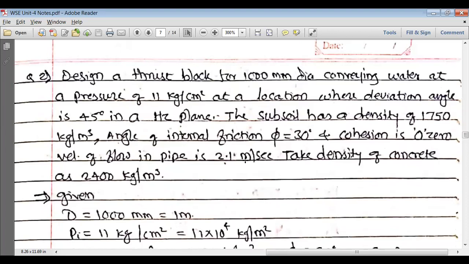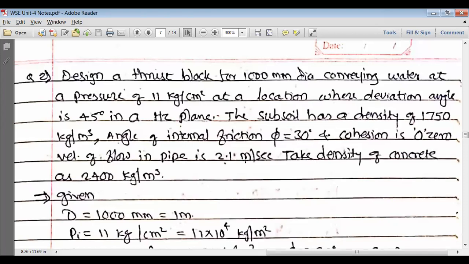Design a thrust block for a 1000 mm diameter pipe conveying water at a pressure of 11 kg per centimeter square, at a location where the deviation angle is 45 degrees.